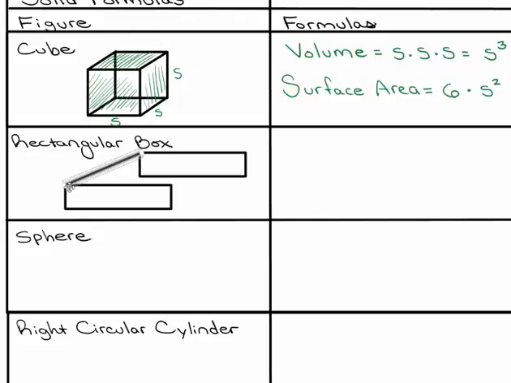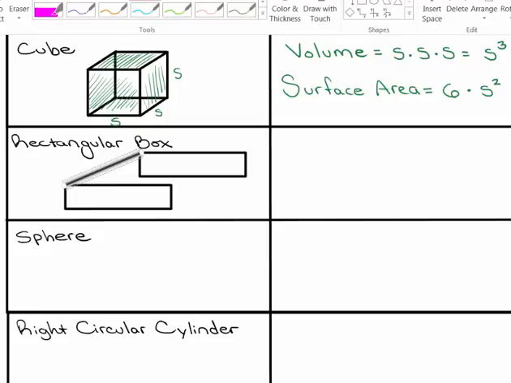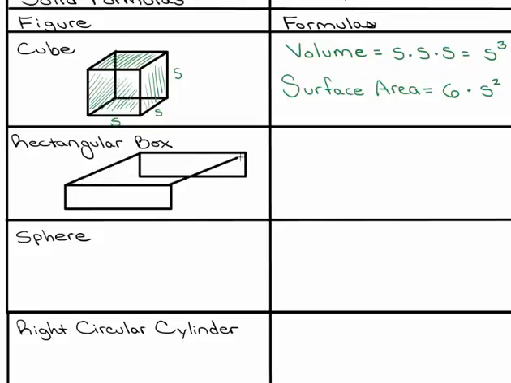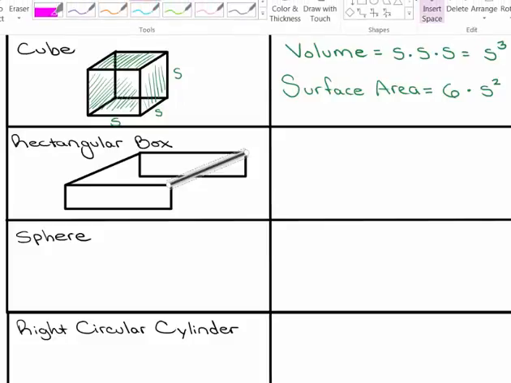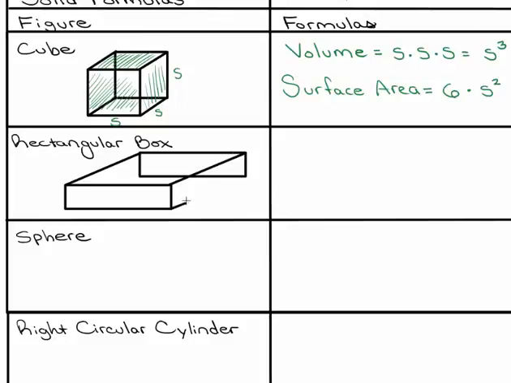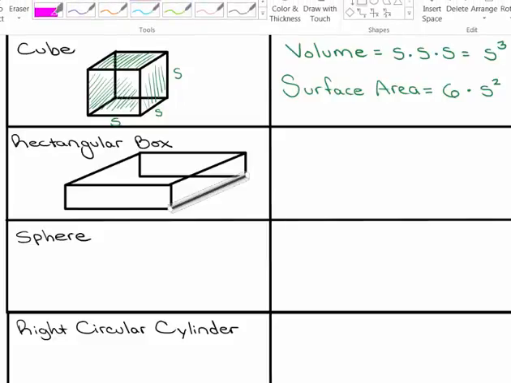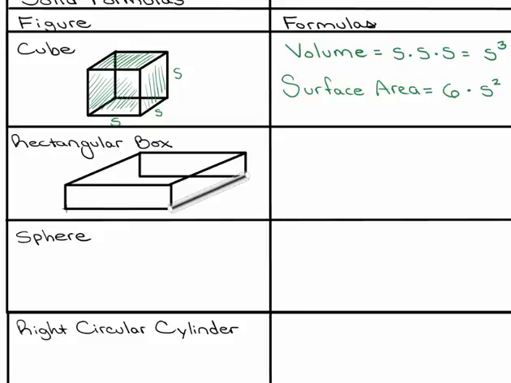A vertex is just like the little point, the little edge. So I'm just connecting those right there. See, these two are corresponding. And then these two go together right here. And then last but not least, these two go together right about there. Perfect. Amazing. All right, let's label these.